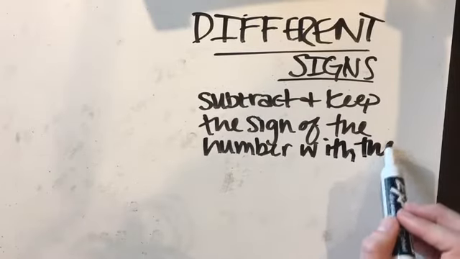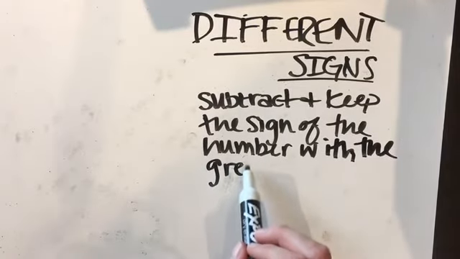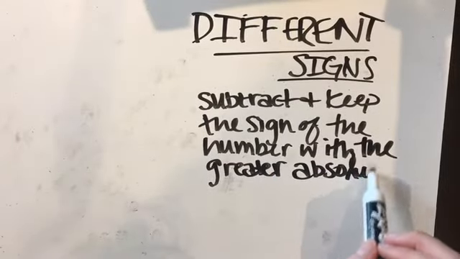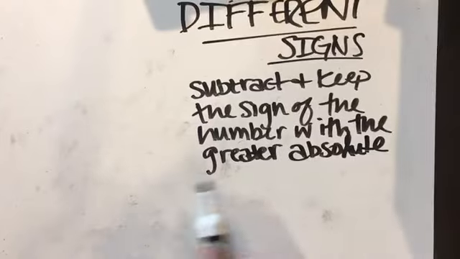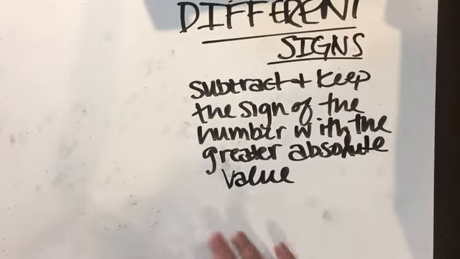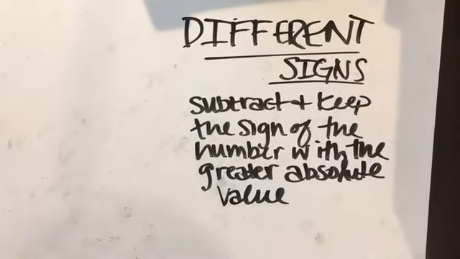We'll talk about what this means. Give you a little bit of time to write it, and then we're going to do some examples and we'll be finished. If we are adding with different signs, we subtract and keep the sign of the number with the greater absolute value.